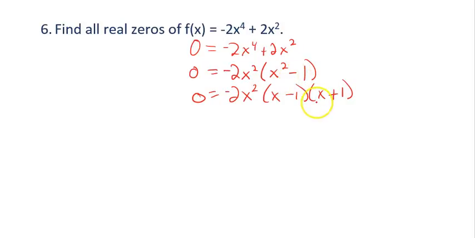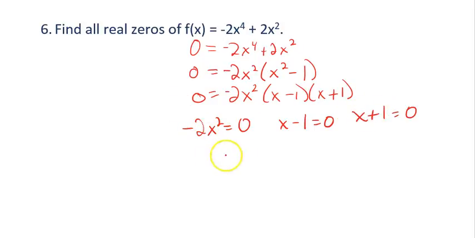You can still solve it and just remember to take the square root as positive and negative answers, but if it does factor, that helps you remember that. So now I can set these equal to 0. -2x squared equal to 0, x minus 1 equal to 0, and x plus 1 equal to 0. Here, if I divide 0 by -2, it's still 0. And if I take the square root of 0, it's still 0.